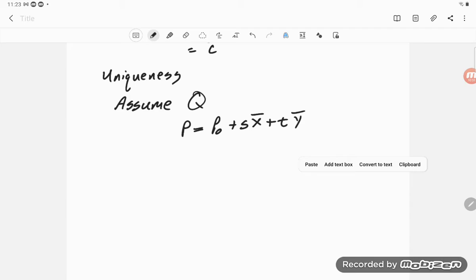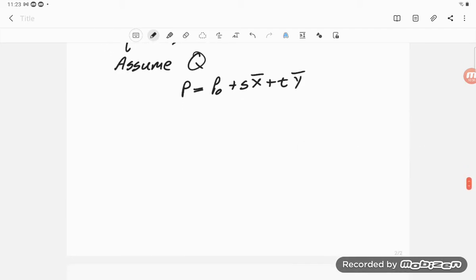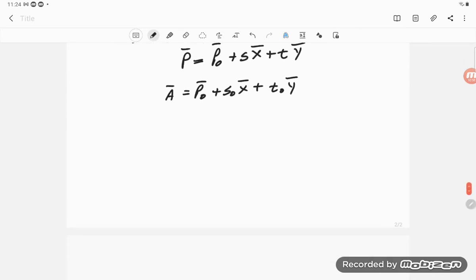Okay, and it contains the points A, B, and C. Well, then, if that's the case, I could write A as P0 plus some S0x plus some T0y. Okay, because Q has to contain A.